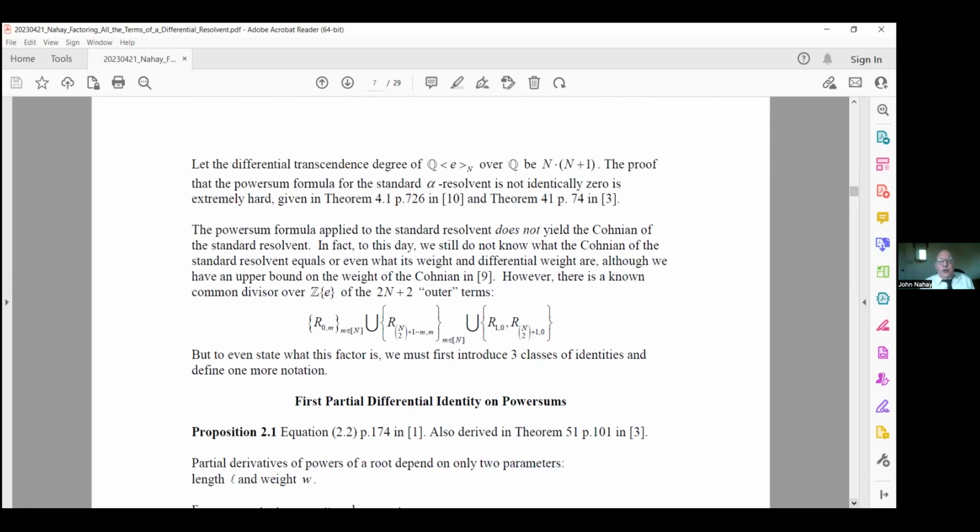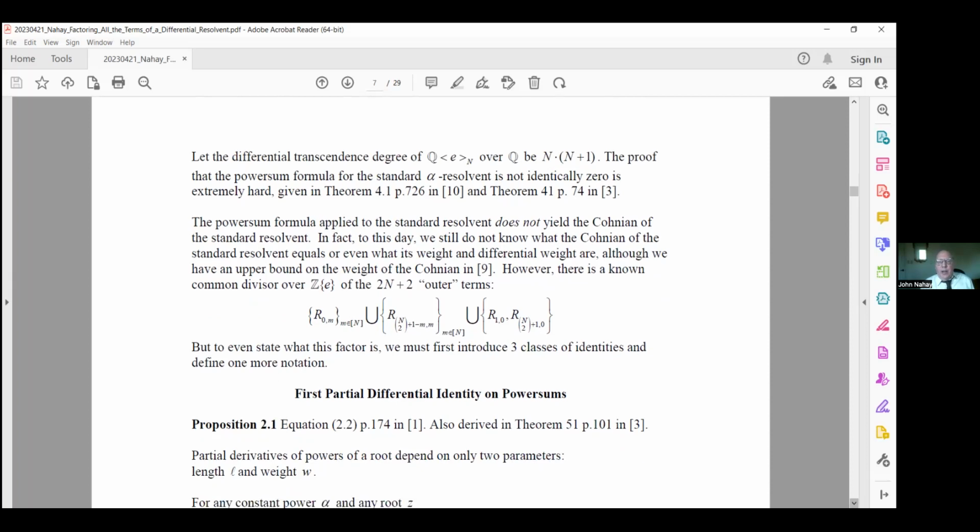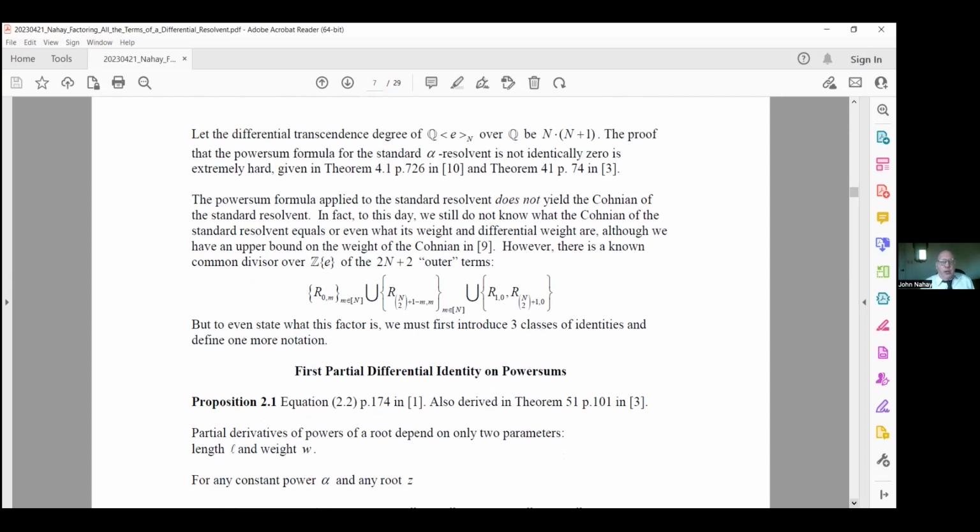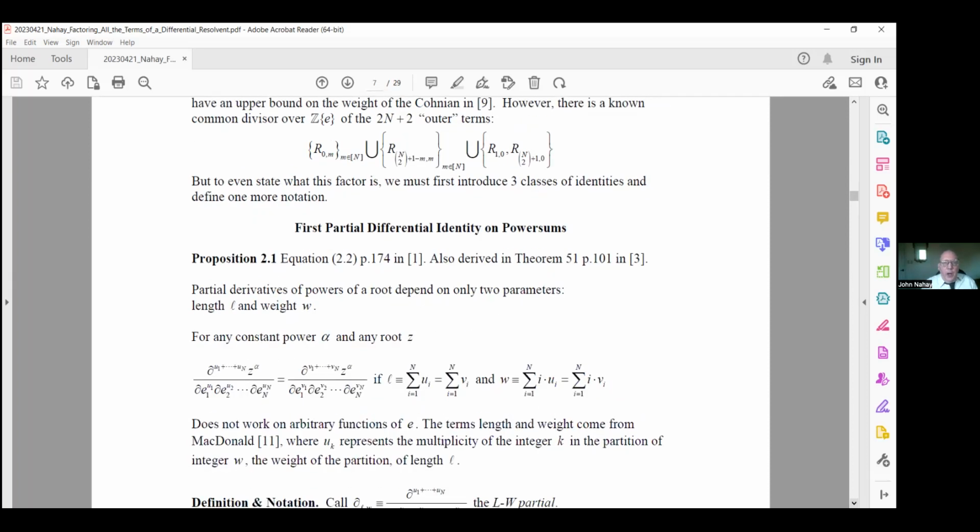So I have to first, even to define how to factor this, okay, I'm looking at the time here. I just need to use three sets of identities.